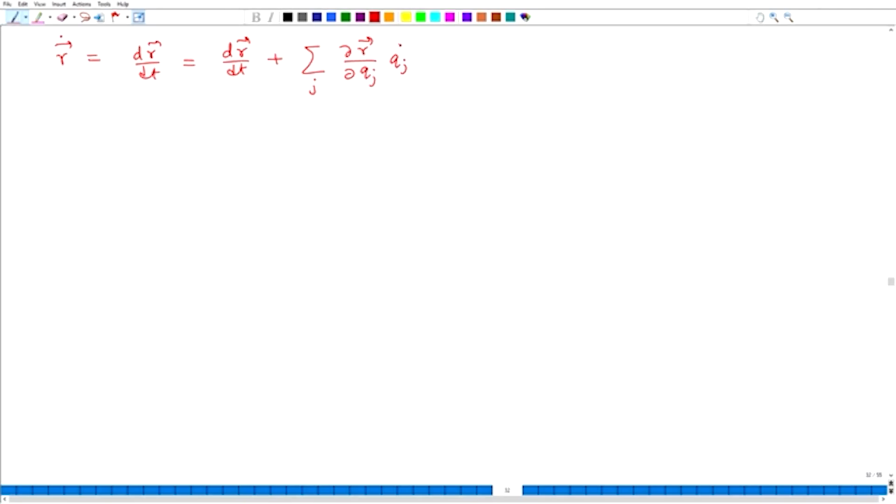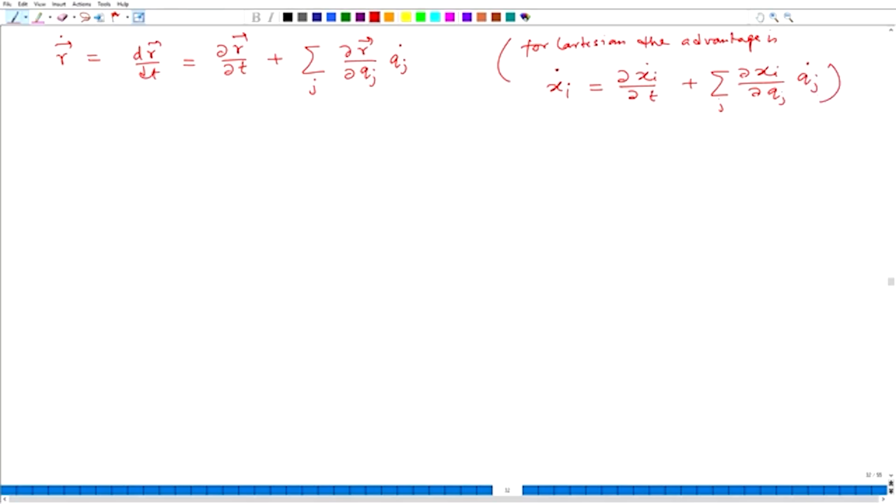For Cartesian, for any xi, i running from 1 to 3 for a 3D space, xi dot will be equal to del xi del t plus summation over j del xi del qj times qj dot. That is the only advantage if you start from the Cartesian system.